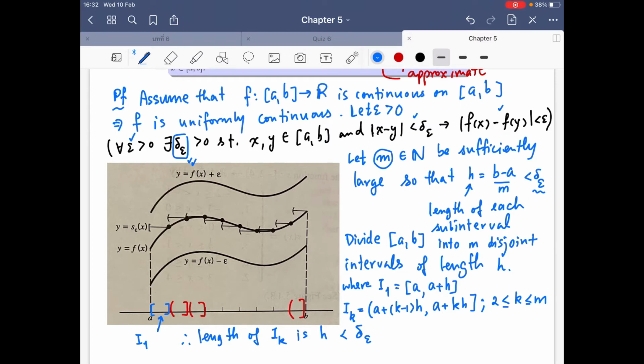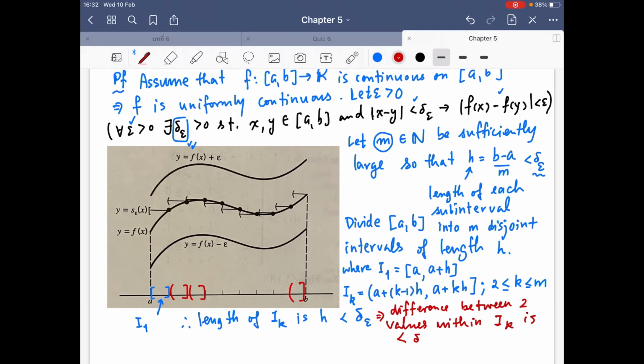So it means that the difference between the two values within this interval is less than delta epsilon.